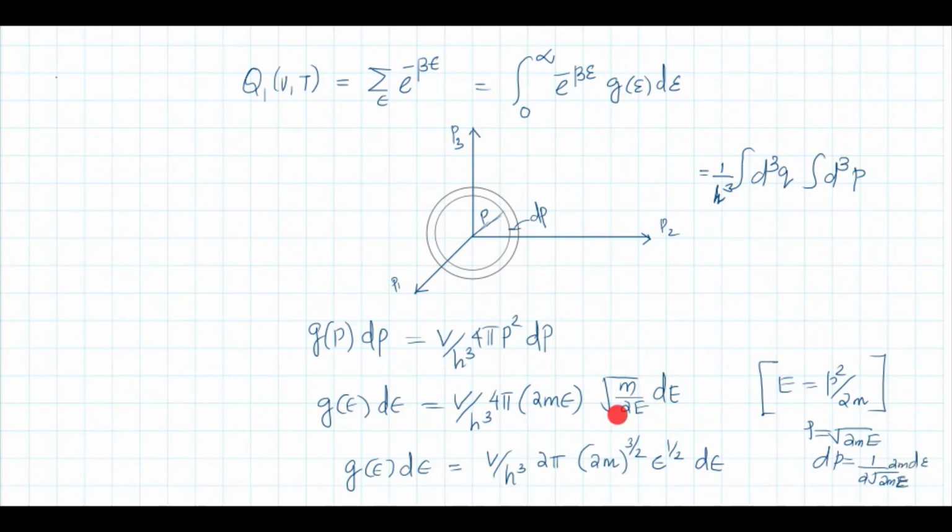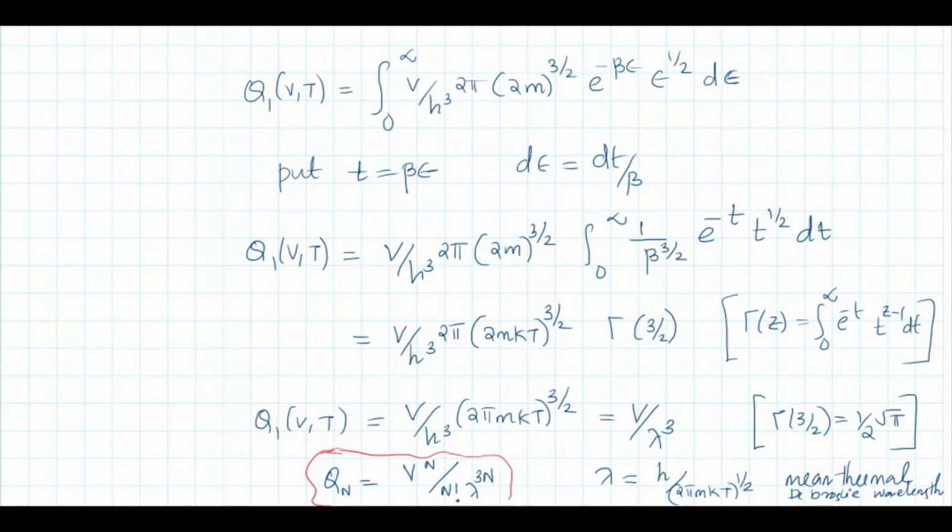Substituting all that here, you will get g(ε) dε equal to V by h³ 4π 2mε into square root of m by 2ε dε. So this is equal to V by h³ 2π (2m) raised to 3 by 2 ε raised to half dε. The ε and the root ε in the denominator will cancel, and you will get ε raised to half. All these are actually ε, not E; these are single particle energies, ε.